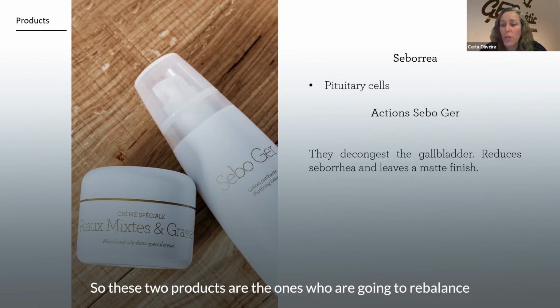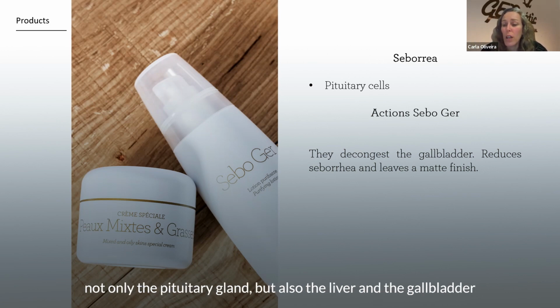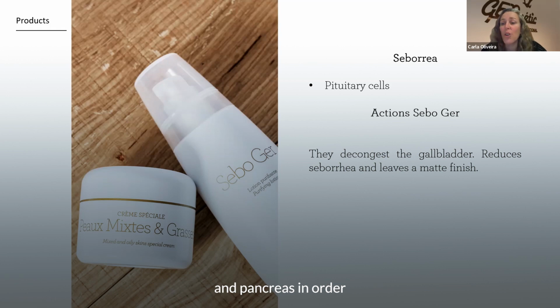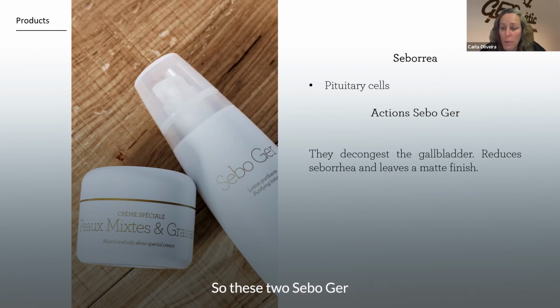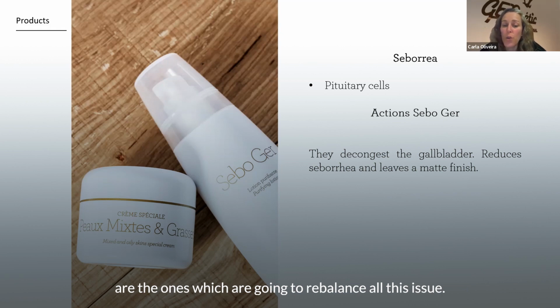So these two products are the ones who are going to rebalance not only the pituitary gland, but also the liver and the gallbladder and pancreas, in order for them to stop asking the sebum gland to produce so much sebum. So these two, Sebo and pommage de graisse, are the ones who are going to rebalance all this issue.